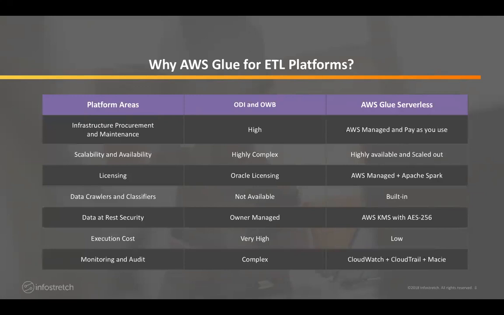As compared to that, with AWS Glue, as you allocate serverless compute and have enough data processing units allocated to it, the cost is very minimal. And I have a comparative analysis for this use case coming further in the slides. We'll touch upon that as well.